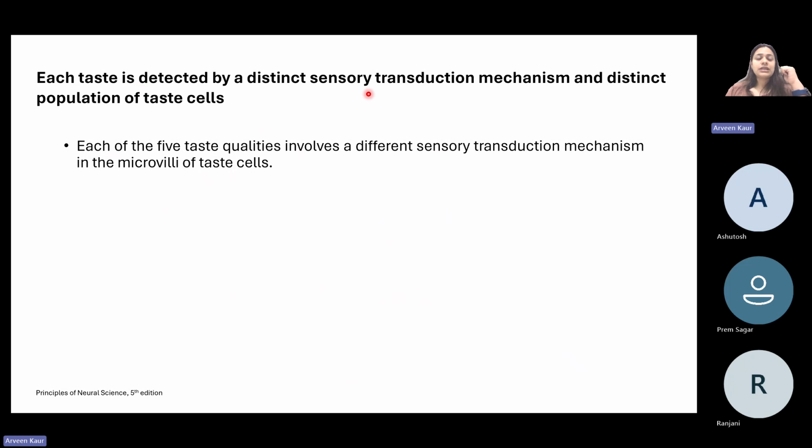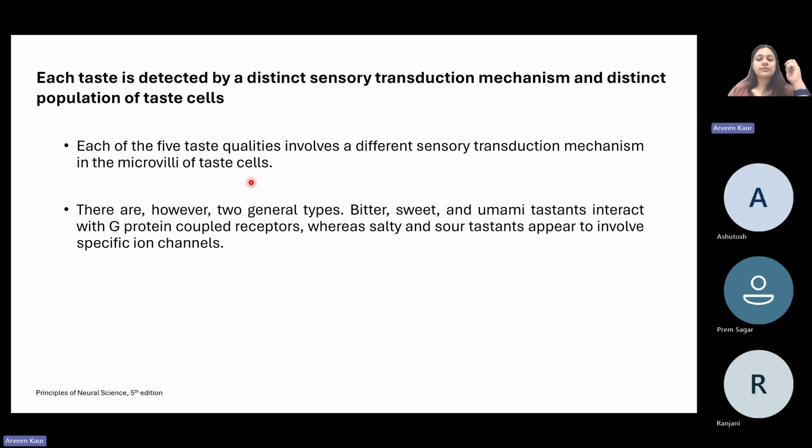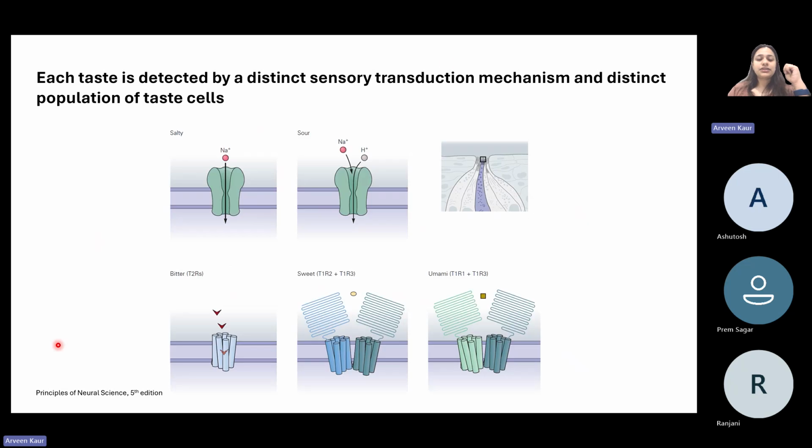Each taste is detected by a distinct sensory transduction mechanism and a distinct population of taste cells. So each of the five taste qualities involves a different sensory transduction mechanism in the microvilli of taste cells. There are, however, two general types. Bitter, sweet, and umami tastings interact with GPCRs, whereas salty and sour tastings appear to involve specific ion channels.